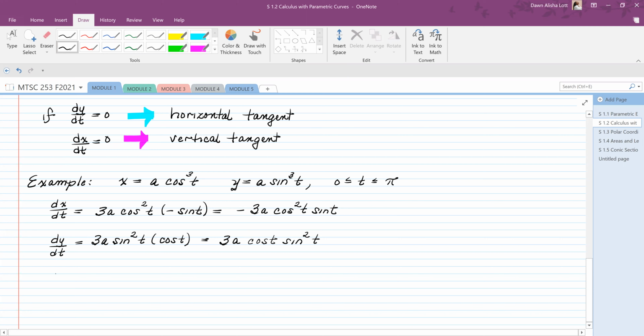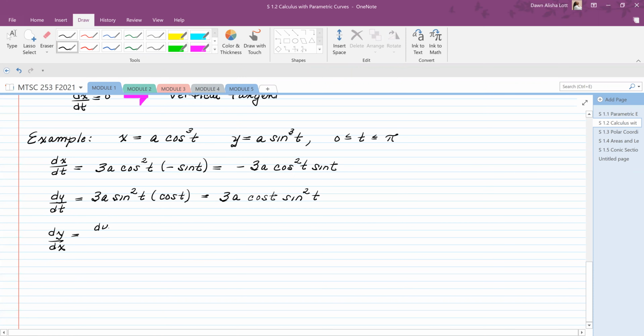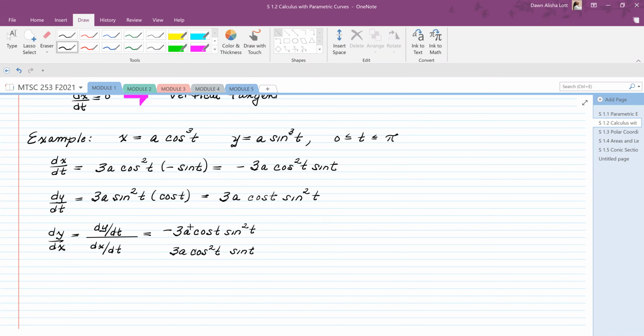So dy dx is dy dt divided by dx dt. So I get negative 3a cosine t sine squared t divided by positive 3a cosine squared t times the sine of t. And that gives me negative tangent t.